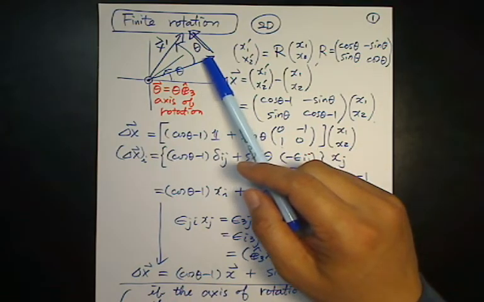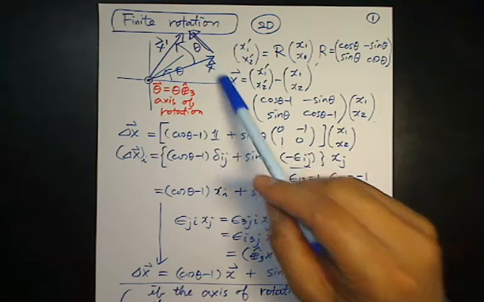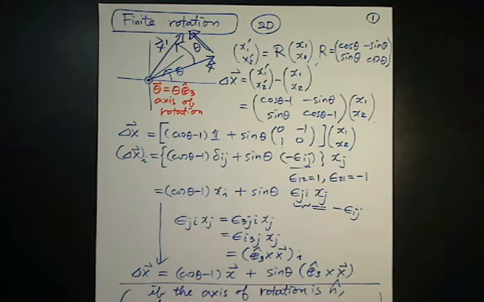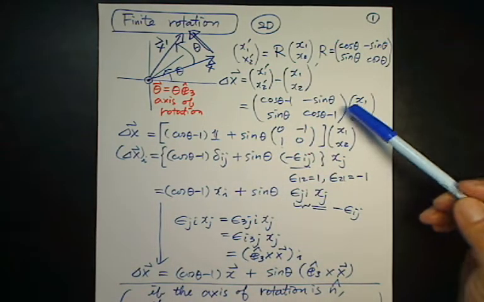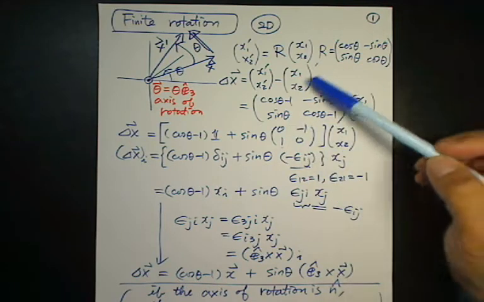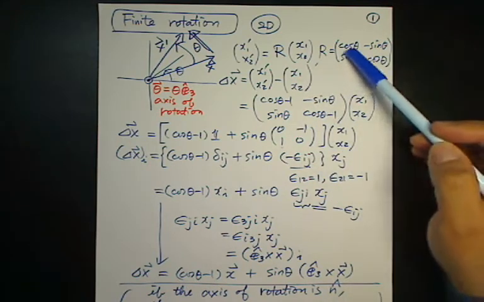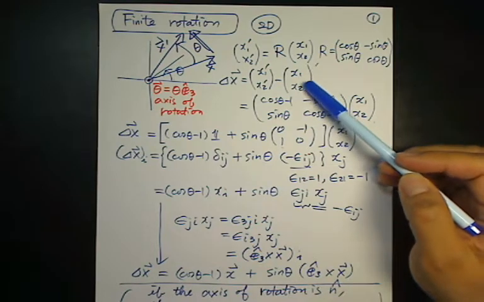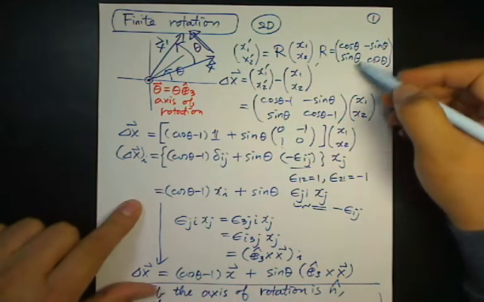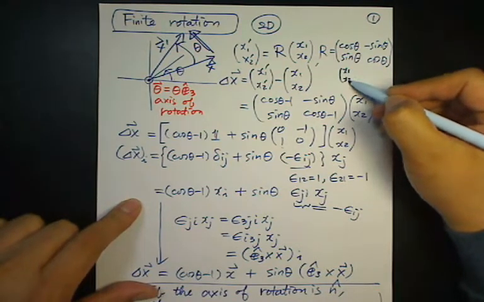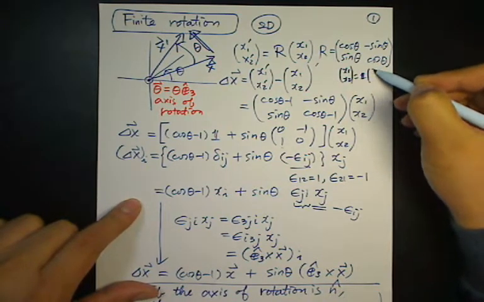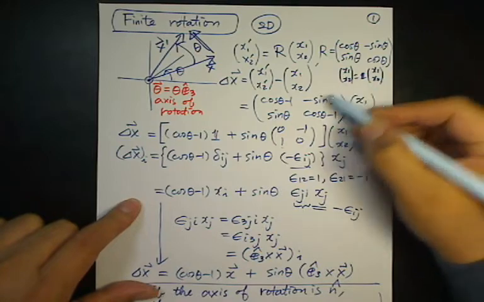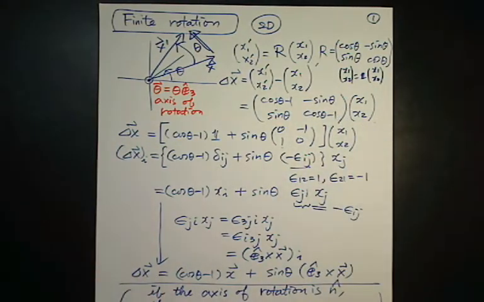The angle of rotation theta is treated as finite. So for any value, we have this contribution. And if we subtract the original value, that means x1, x2 equals identity times x1, x2, therefore we subtract the identity matrix from the rotation matrix.